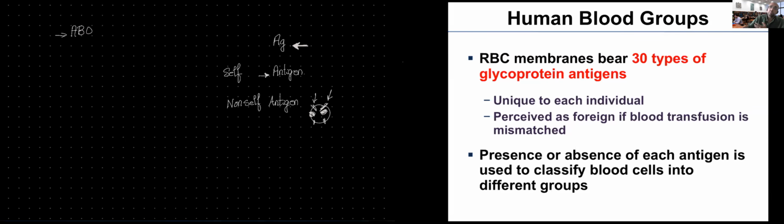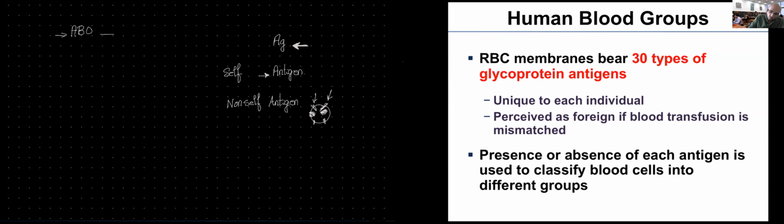Same concept if I'm getting a mismatched blood transfusion. What's a mismatched blood transfusion? I have got a type of antigen that doesn't exist on my cells. So my immune system will recognize it as a non-self antigen and will start to attack the transfused cells.